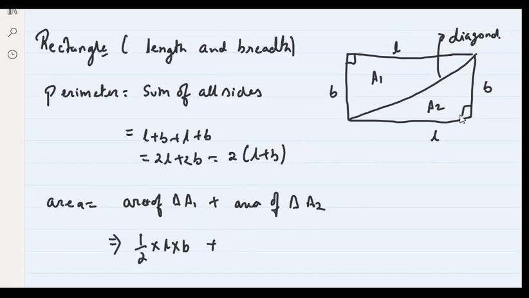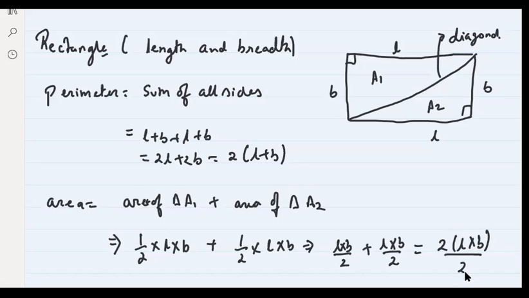Plus this second area, A2, is also half into length, length is again L, and breadth is again B. So L into B by 2 plus L into B by 2 is 2 into L into B by 2. The 2 cancels, so L into B. Yes or no? Raise your hand, everyone.